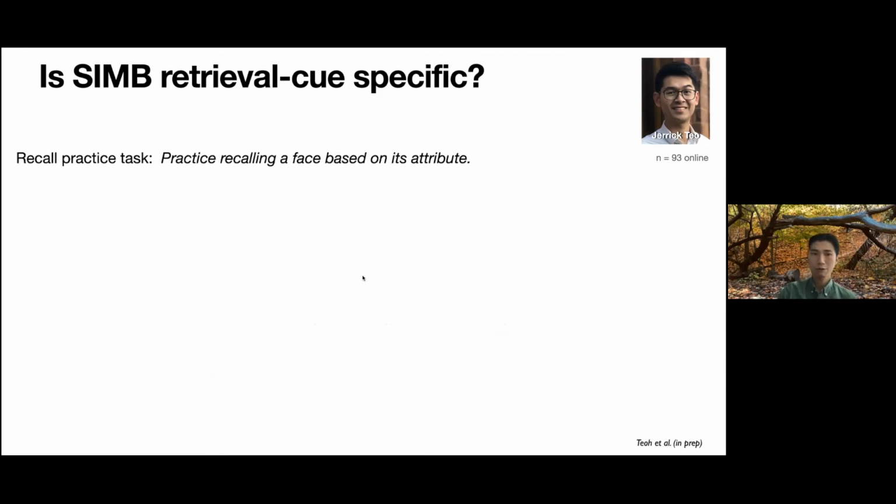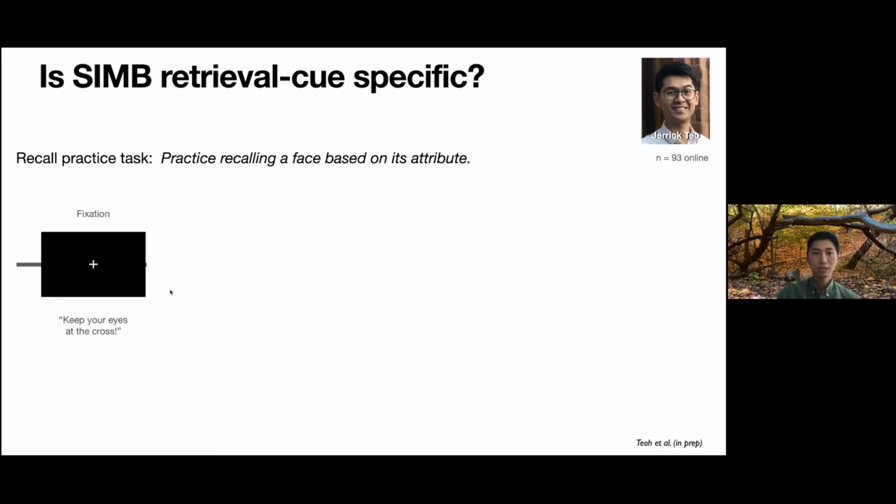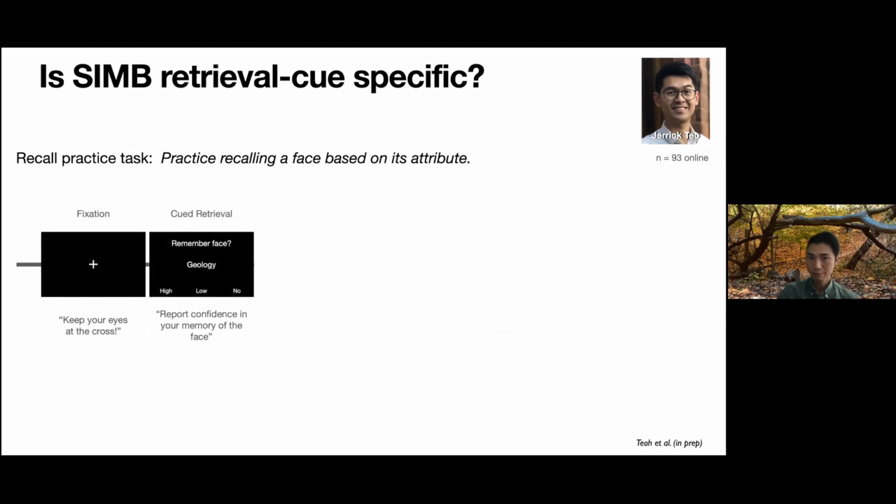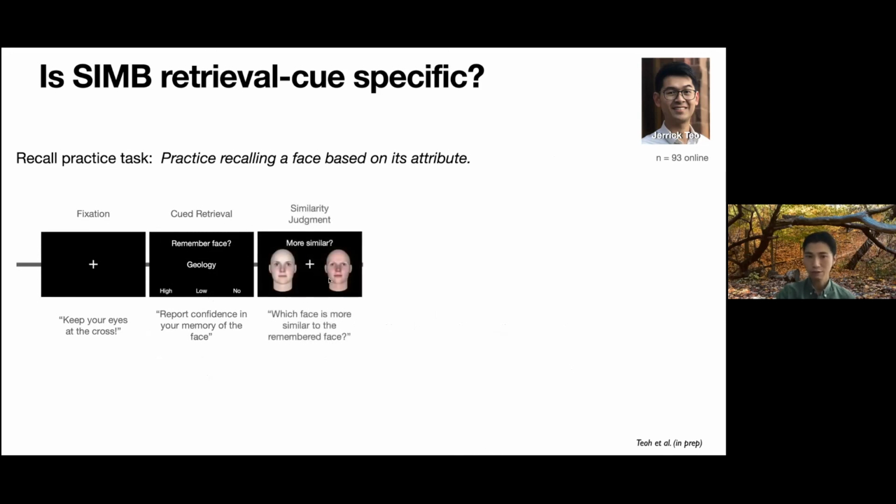After that, we had participants do the recall practice task. Here, participants were presented with one attribute, and we asked participants to retrieve the face that went with that attribute. After they indicated how confident they are in retrieving that face, we had participants do a similarity judgment.